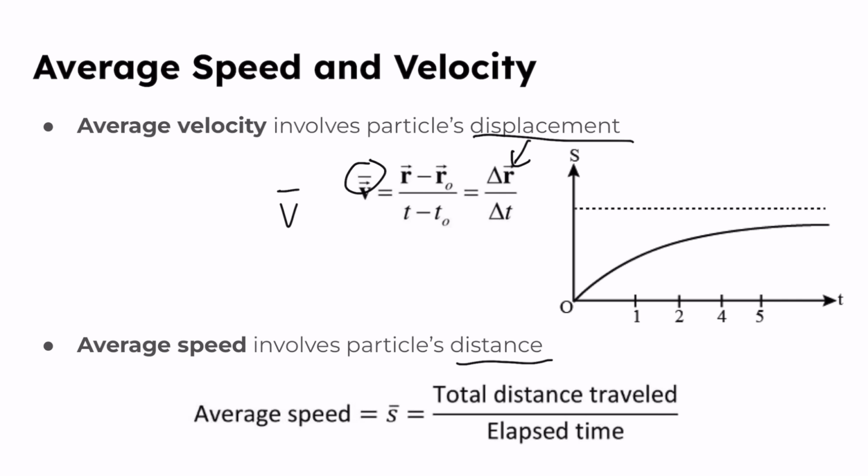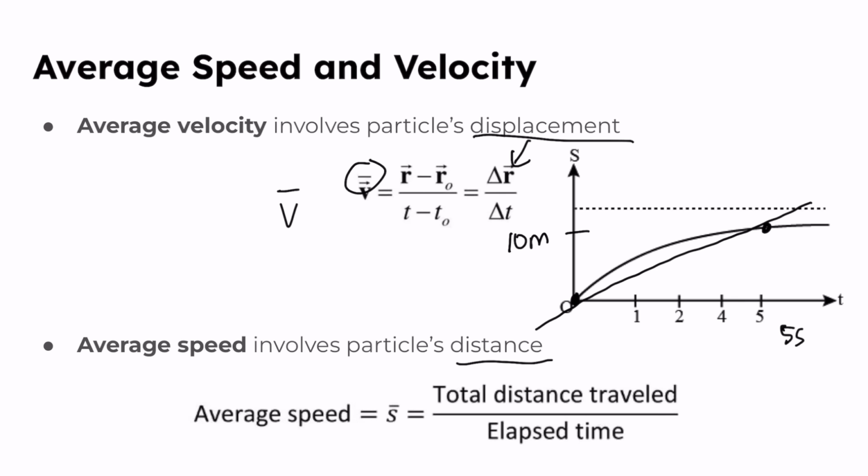If we look at this graph, let's say we start over here and then we end up over here at 5 seconds, and let's just arbitrarily define this as 10 meters for simplicity. The average speed in this case, we have S on our y-axis, which is going to be our distance, would just be the slope of the line that we draw between these 2 points.